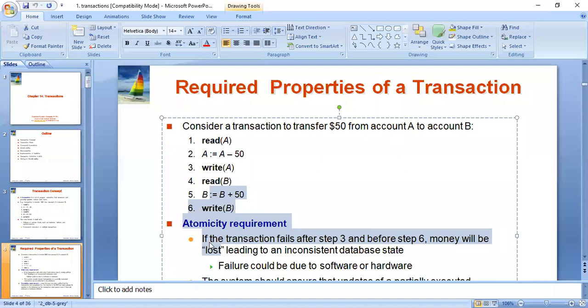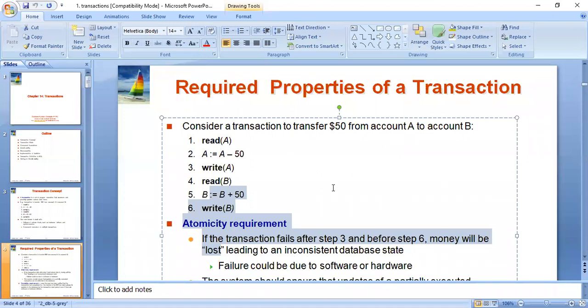See here, I am reading under this atomicity requirement. If the transaction fails after step 3, meaning write A, that means 50 has been subtracted from account A and A has been saved. If the transaction fails after step 3 and before step 6, meaning we have not saved write B, money will be lost, leading to an inconsistent database state.